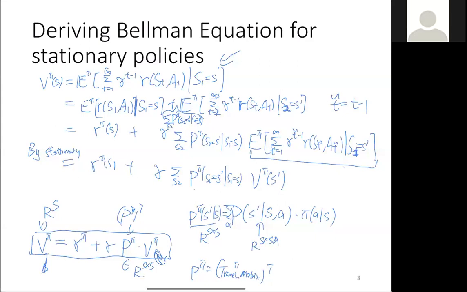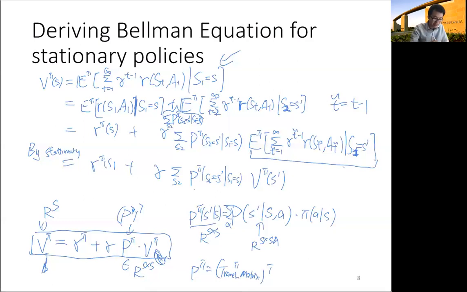Yes, I just want to make a short comment. So for the second equal sign, you are essentially using the law of total expectation, right? Yes, yes, exactly.